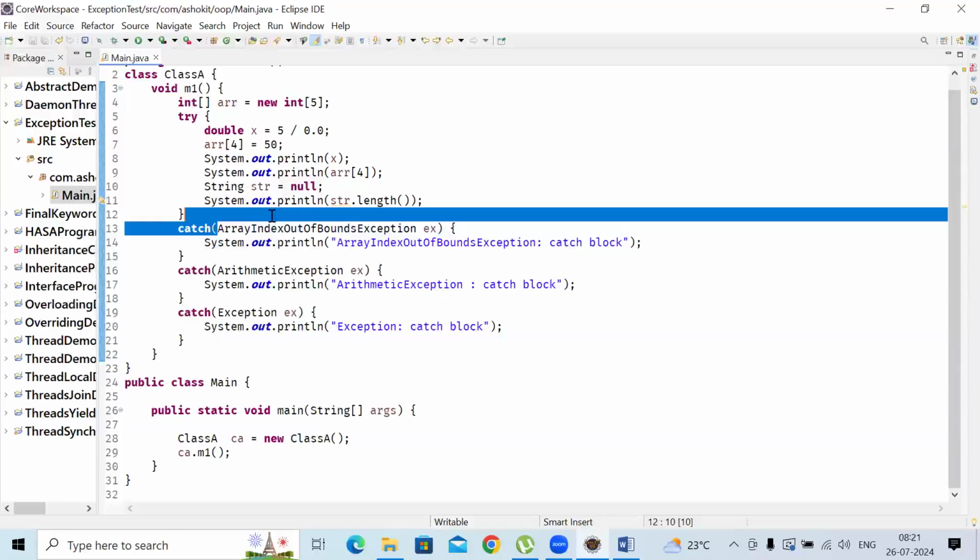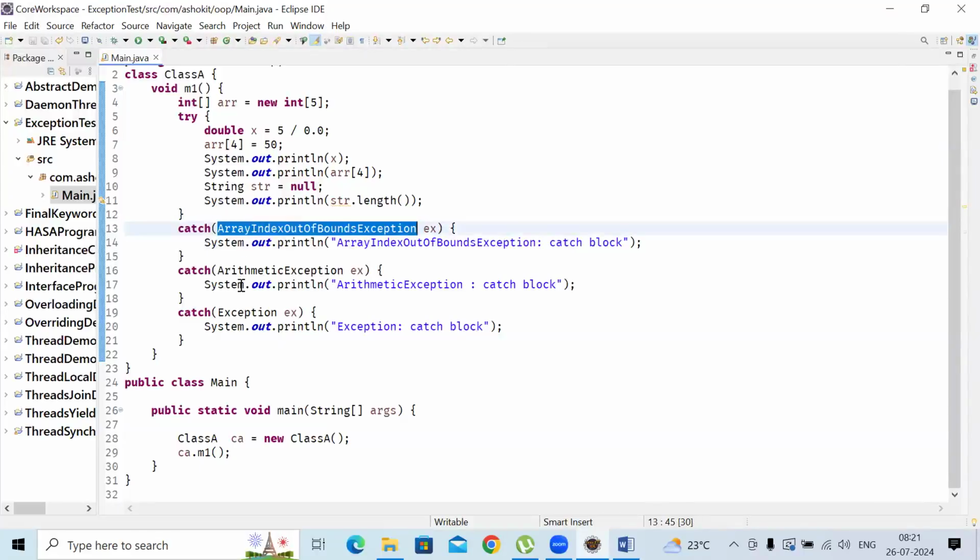ArrayIndexOutOfBoundsException and ArithmeticException are called specific exception catch blocks, no? Yes. Because the first catch block can handle only ArrayIndexOutOfBoundsException. The second catch block can handle only ArithmeticException. But the last catch block can handle any exception. It is not specific; it is capable of handling any exception.